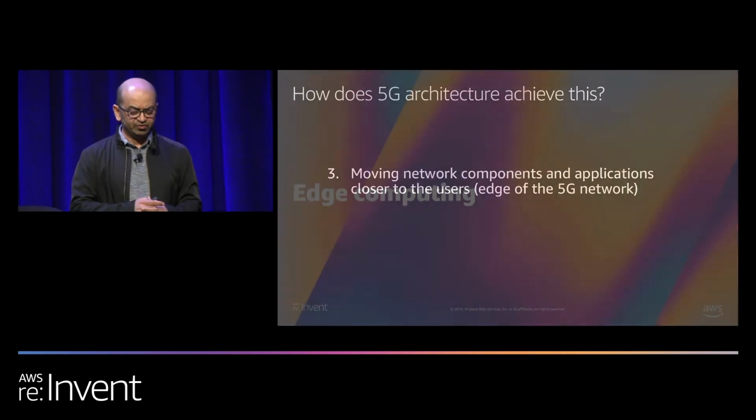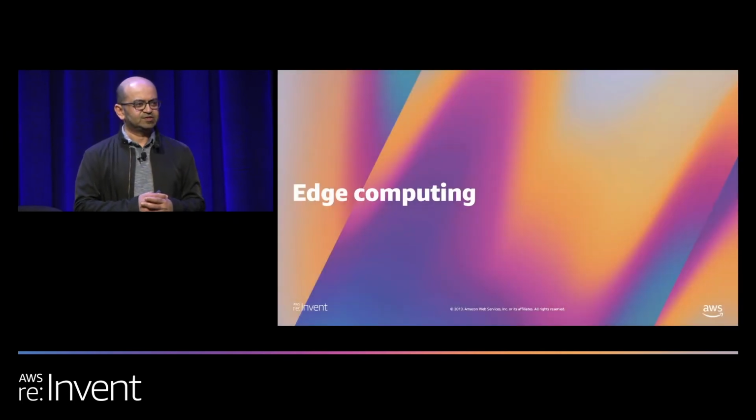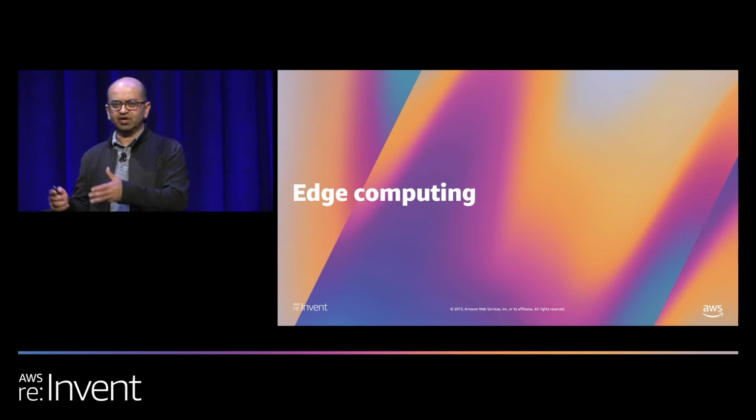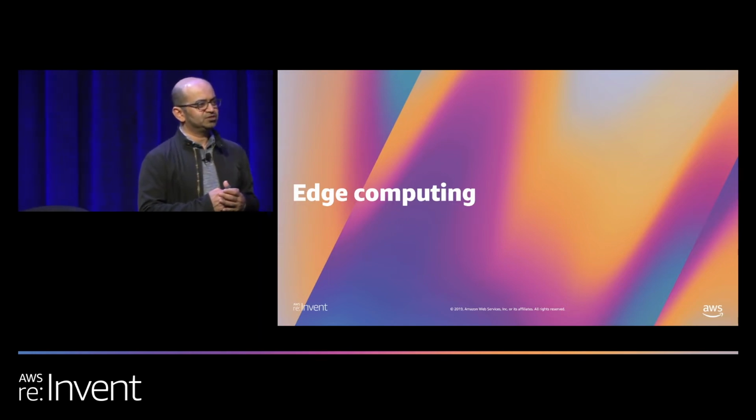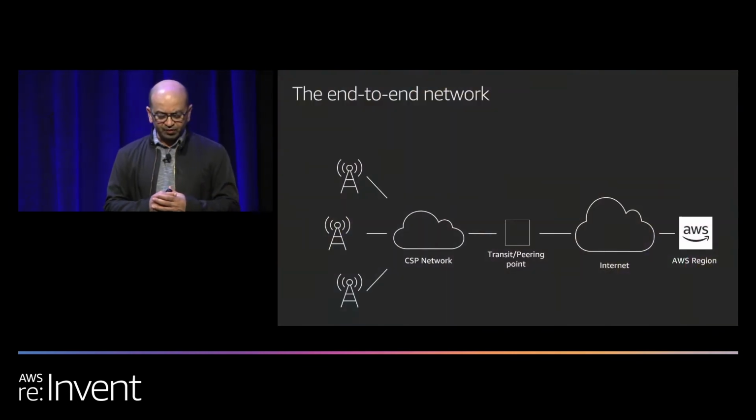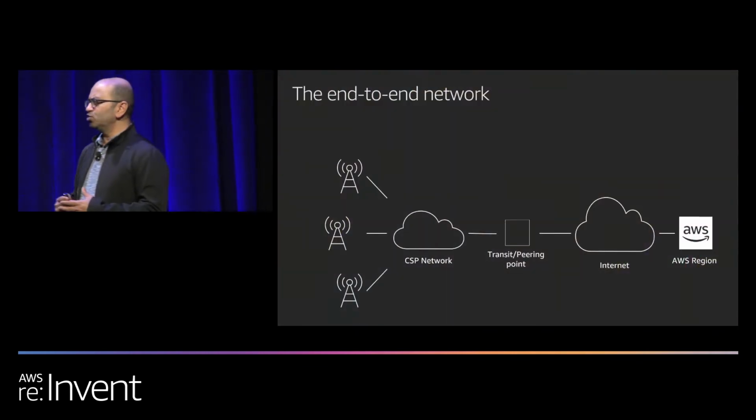Now, looking at the edge of the 5G network, let's see what we mean by edge computing. There are different notions of edge. The 5G network edge is a very specific notion of the edge, and I want to get a little deeper into showing what we mean by 5G network edge. So here's the end-to-end network.